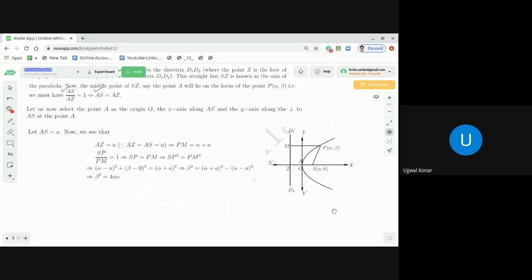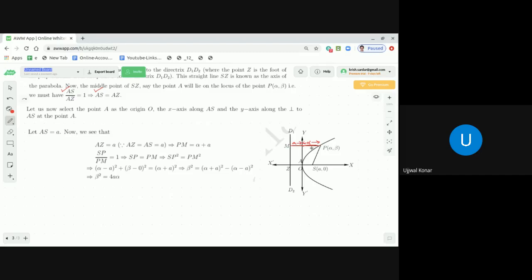So if you see that AZ is equal to a, so AS should also be equal to a. We know that AZ equal to AS equal to a. So then what is PM? PM is nothing but this distance, which is alpha, and this distance is actually a, so alpha plus a.